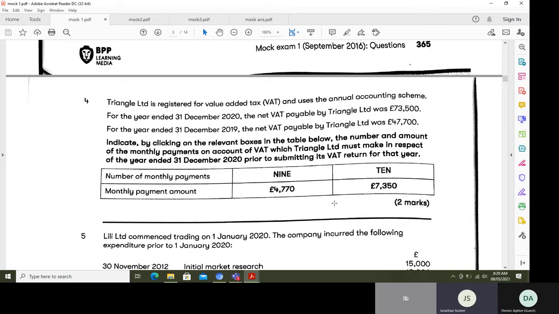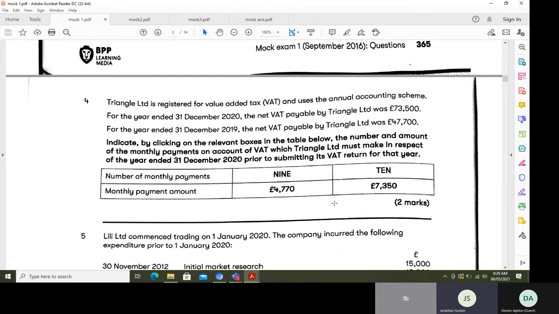But if you are using the annual accounting scheme, that scheme gives you some flexibility. You will not file the return on a quarterly basis. The filing of the return is done once a year. That's why we call it the annual accounting scheme. So at the end of the year, that's when you file your VAT return.